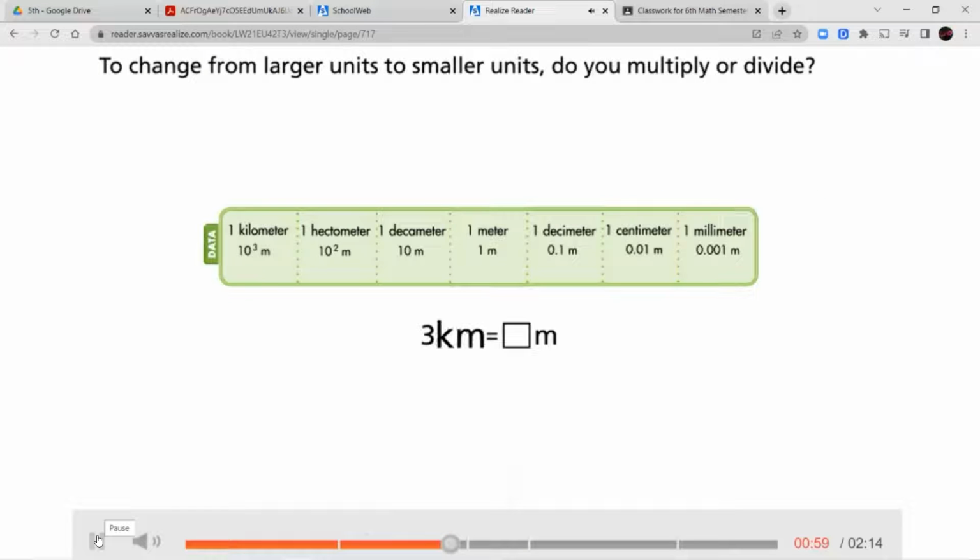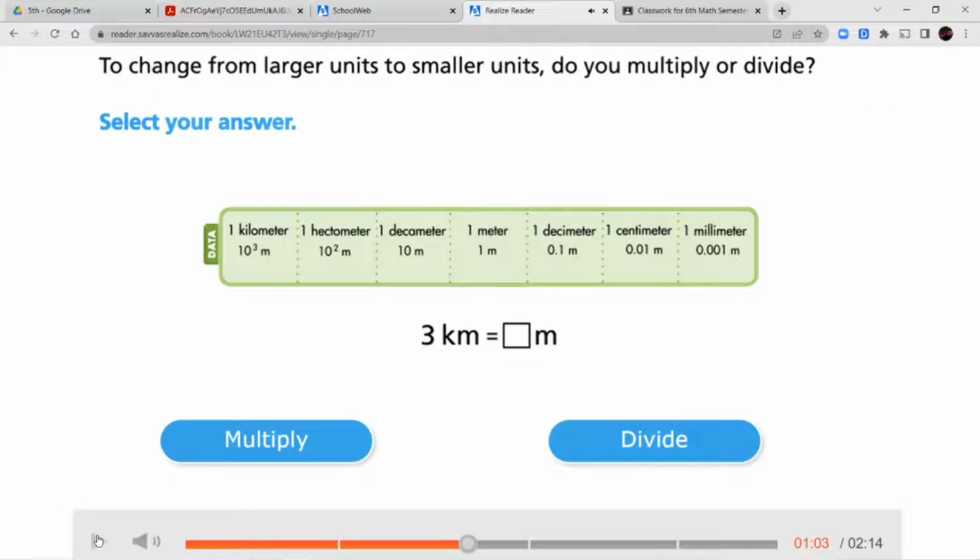To change from larger units to smaller units, do you multiply or divide? Select your answer. So we're still following the same rules that we followed in previous lessons. When you go from larger pieces to smaller pieces, we're going to multiply because we're going to have a larger number of those smaller pieces that will fit into the larger ones.